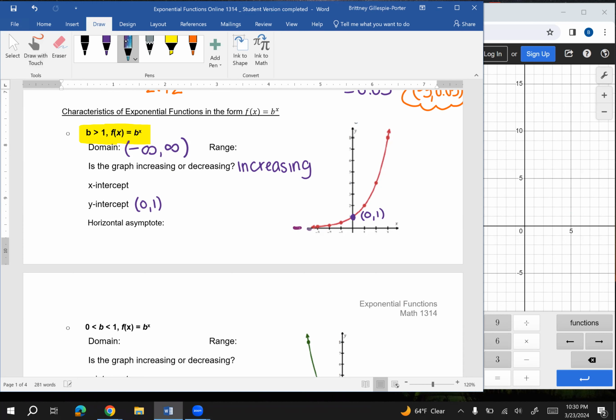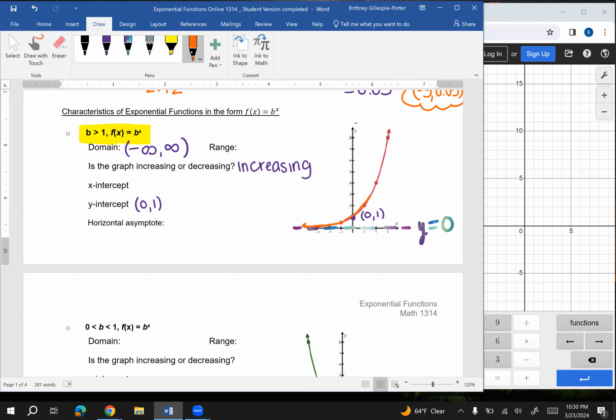When we have our exponential functions, and it's just our base functions, we wind up having a horizontal asymptote of y equal to 0. And you can see that on our graph. We have a horizontal line that our graph gets closer and closer to without crossing.